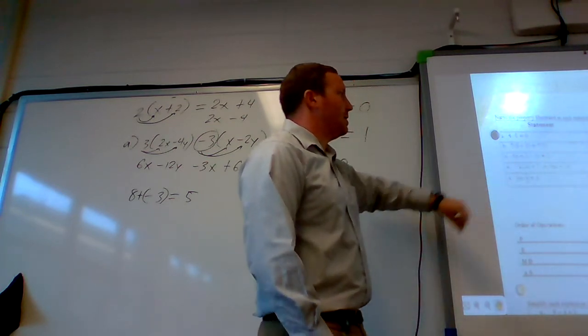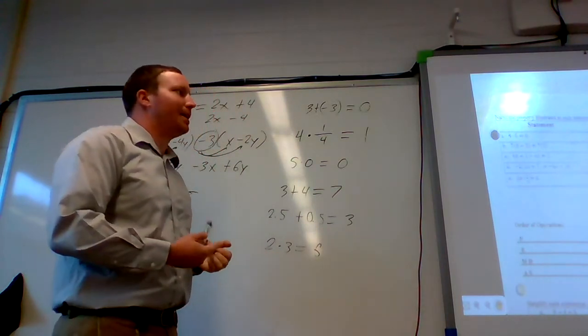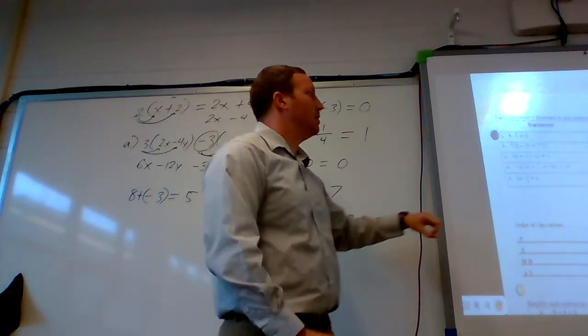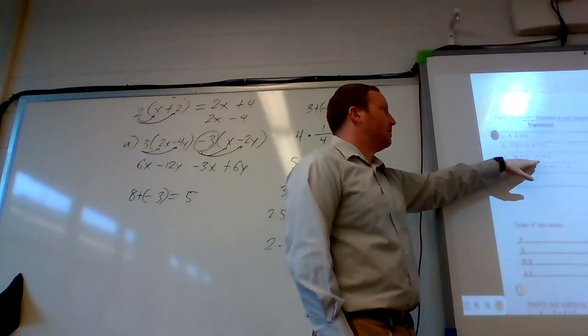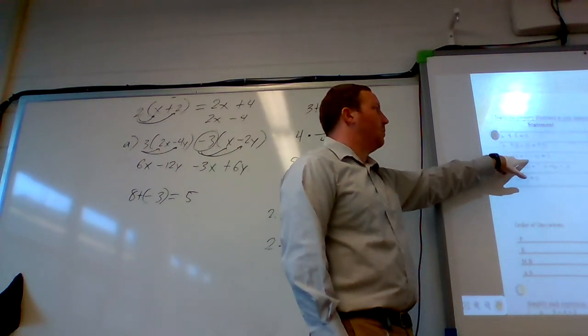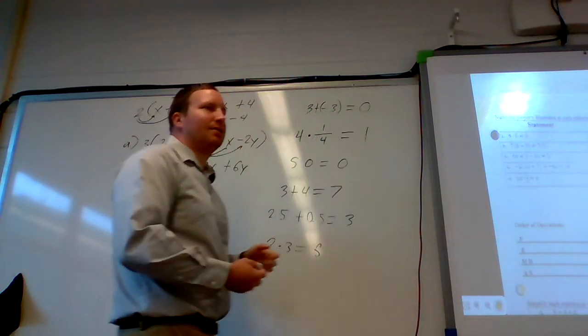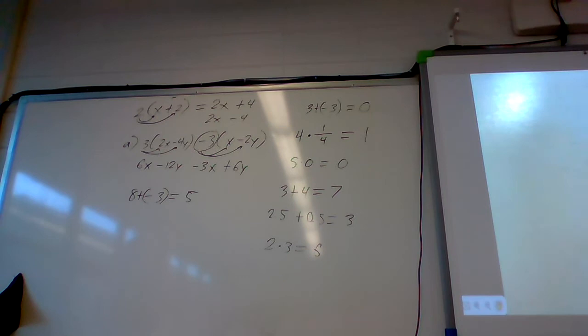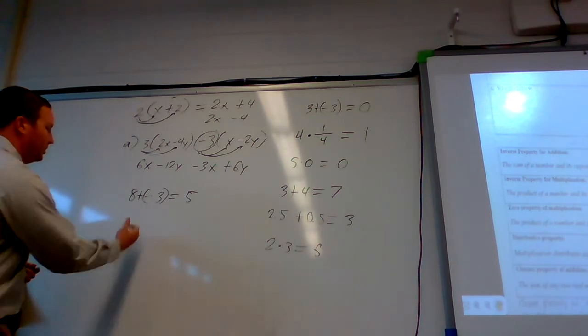Letter C, we've got 4x plus 3 minus 4x equals 3. So it's no longer a closure property. What is this doing? We have 4x minus 4x. Which of these ends up with us getting a 0?